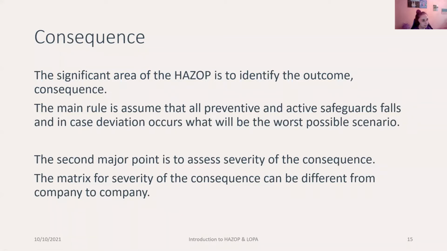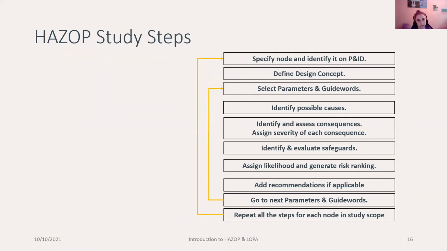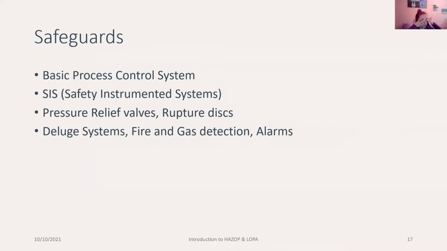After you identify the consequence, you already know your worst credible scenario. Then you can go back and identify what type of safeguards you already have in place to prevent this from happening. So you go again to your worksheet and put in any possible safeguards, like basic process control system, safety instrumented system, pressure relief valves, rupture discs, deluge system, fire and gas detection system, alarms, and so on.